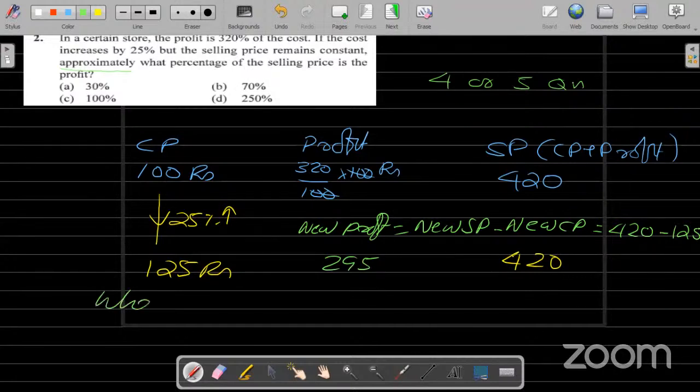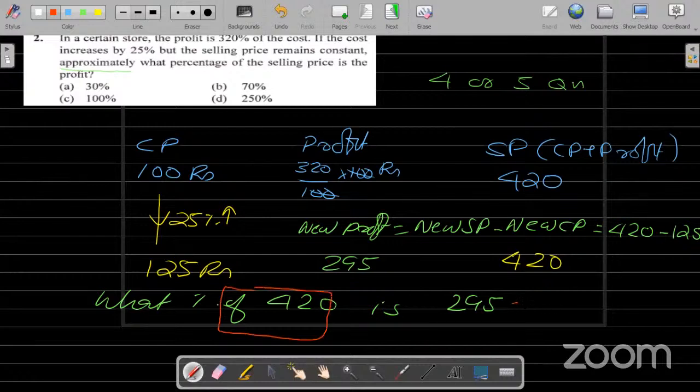So what percentage of the selling price, which is 420, is the profit? Profit is 295. What percent of 420 is 295? Whenever the word 'of' is there, the number that comes immediately after 'of' has to go to the denominator.